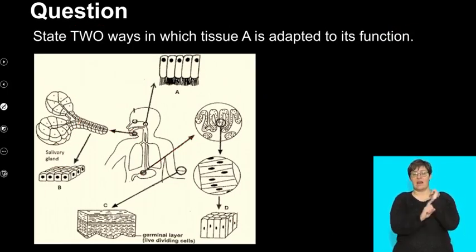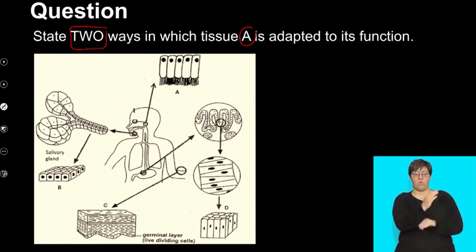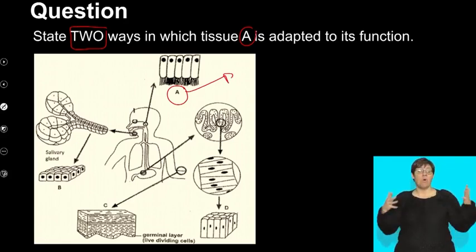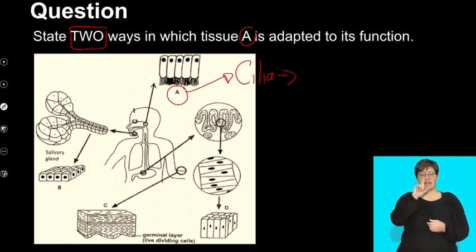Guys, the last question here. State two ways in which tissue A is adapted for its function. Two ways. What does it do? What's the most important thing? It has cilia. And what do the cilia do?